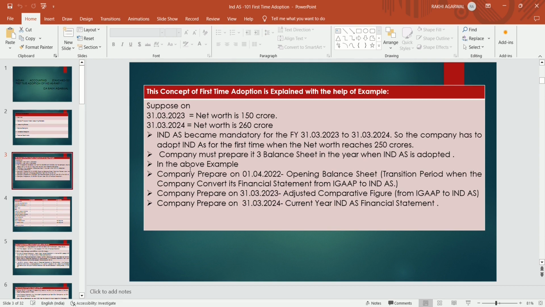So these are the concepts when the entity adopts for the first time. First is the opening balance sheet, then the comparative balance sheet, and the final balance sheet.